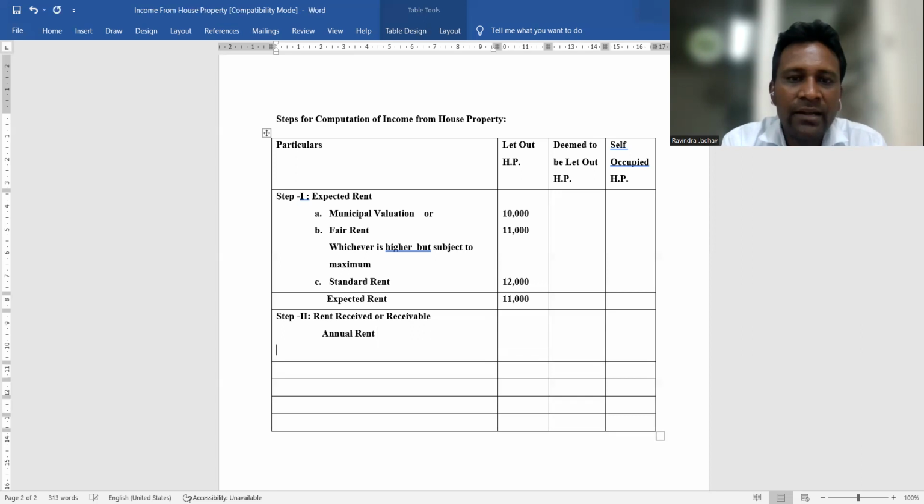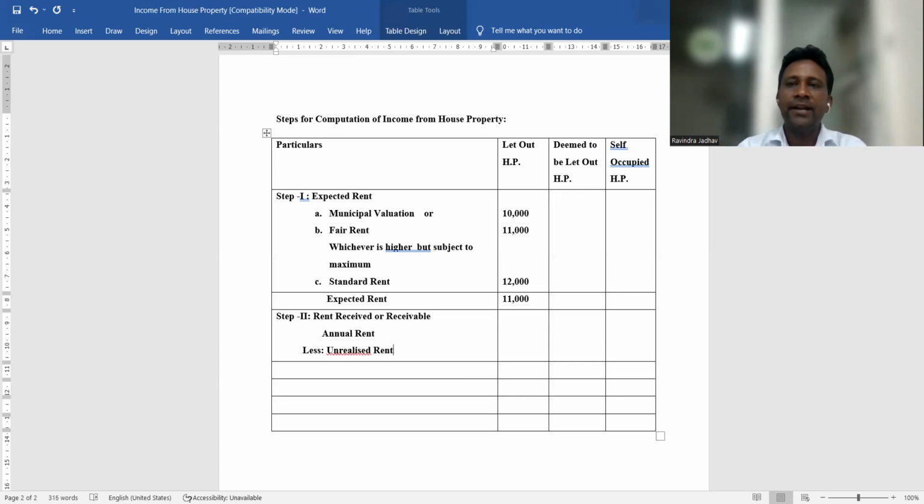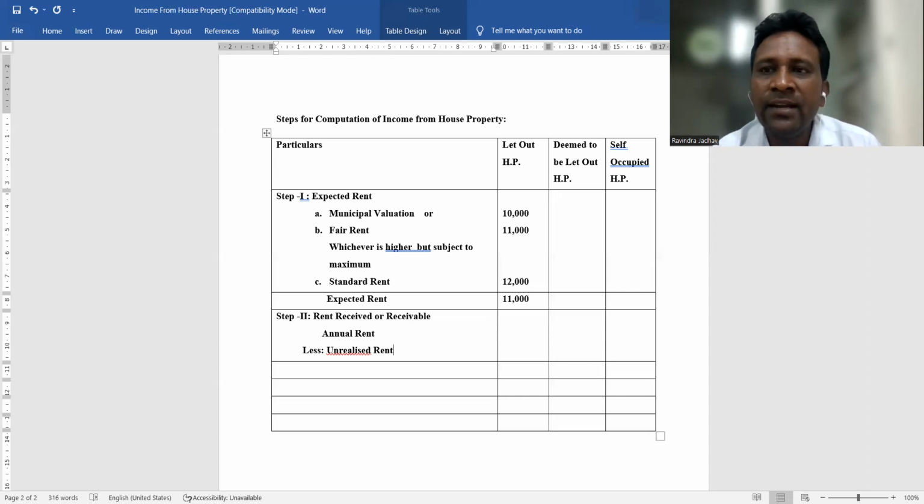Okay, and annual rent less unrealized rent. Unrealized rent. Some rent is not realized from tenant. Tenant means a person who resides in the house property after it is given on rent. Okay, who pays the rent.